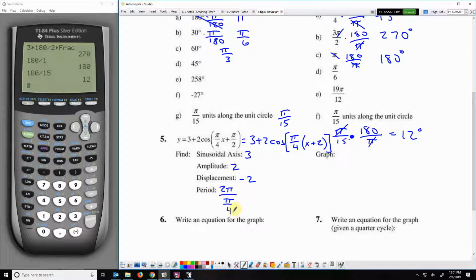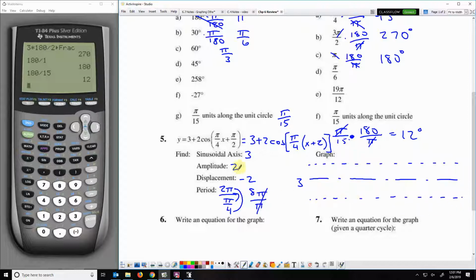Okay, so if I want to divide this, I can do an outer loop and get 8 pi, and an inner loop, pi times 1 is pi, so the period is 8. So for my graph, I've got a sinusoidal axis at 3, a maximum, and a minimum.